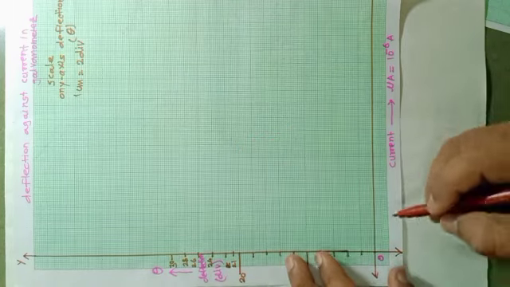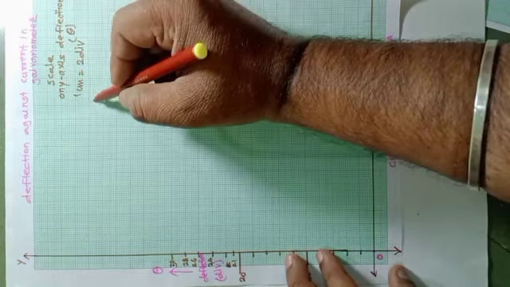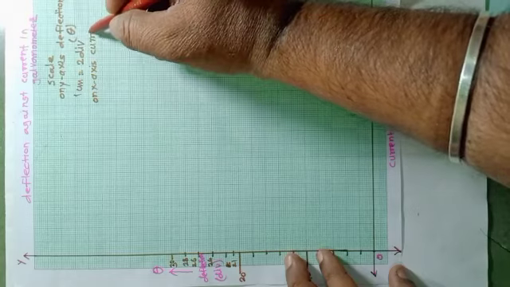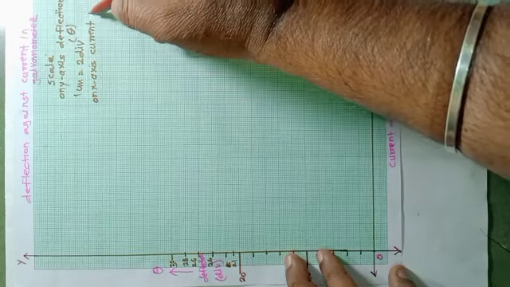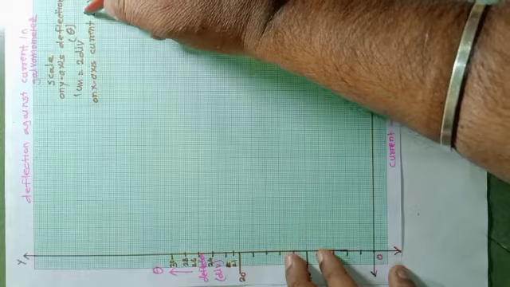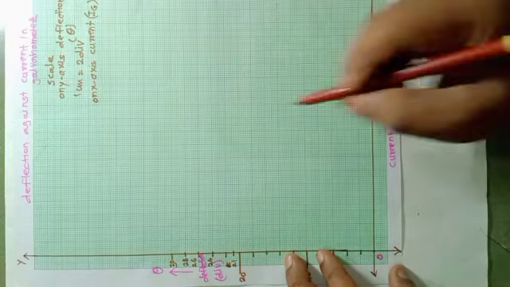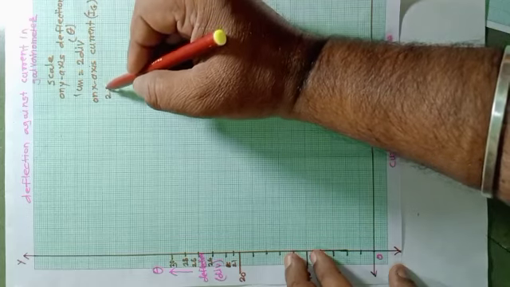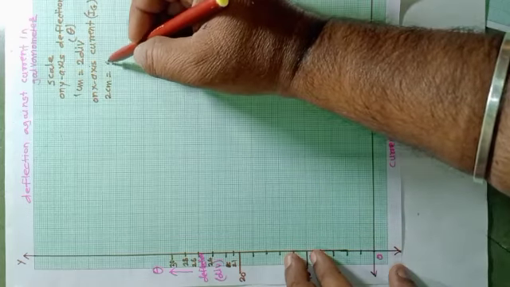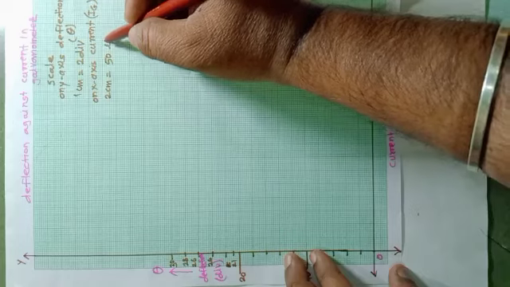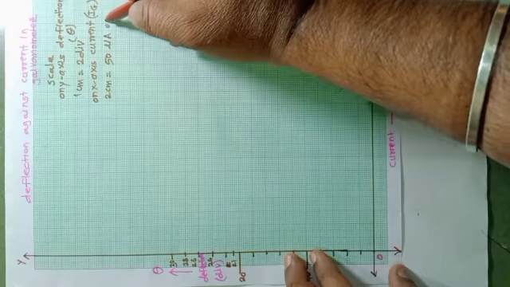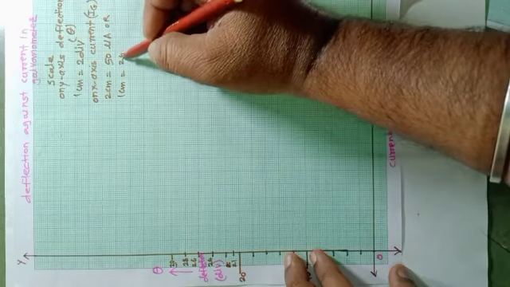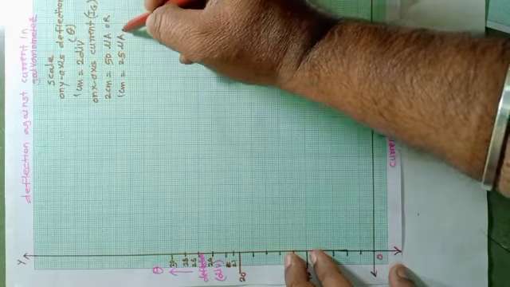On x-axis, applied current through galvanometer, means Ig, is there, which is 2 centimeter equal to 50 microampere, or 1 centimeter is equal to 25 microampere.